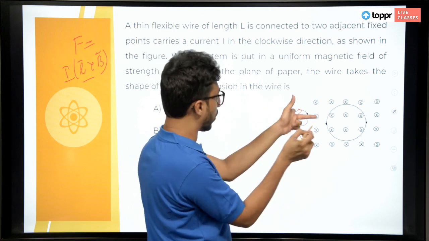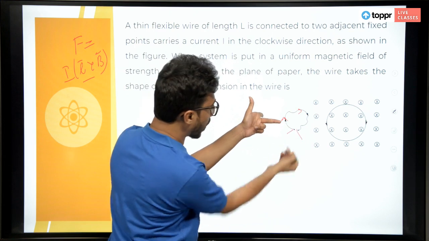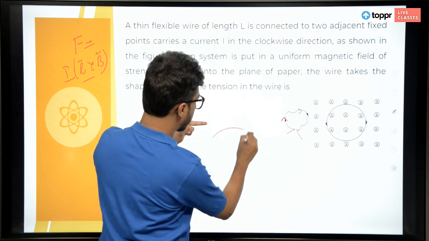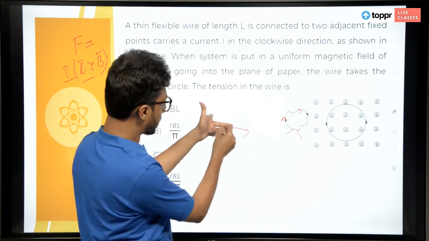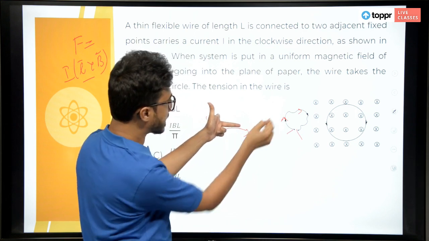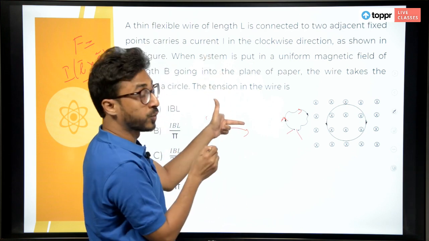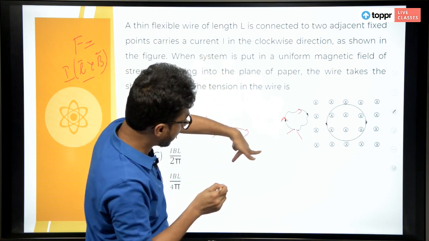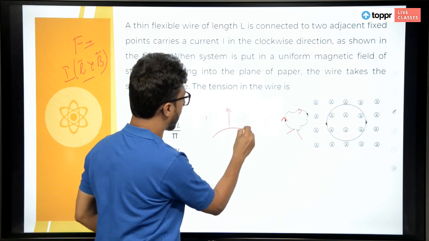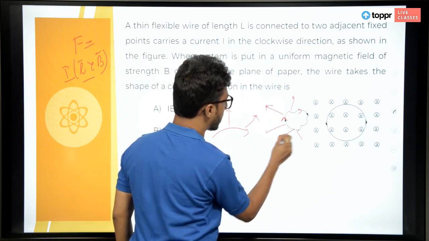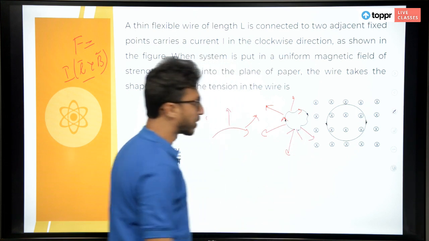The magnetic field B is going inside the board like this, the force is outwards. So wherever the length is like this, the force is always in the outward direction.